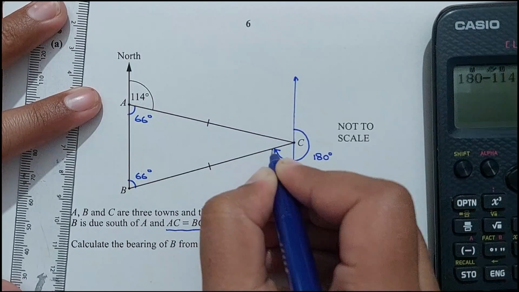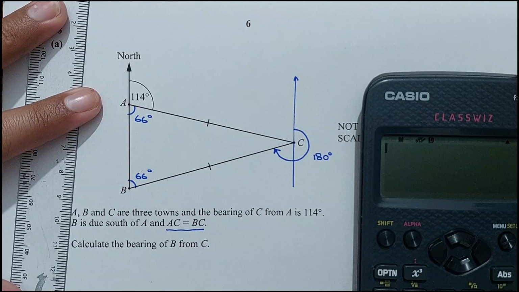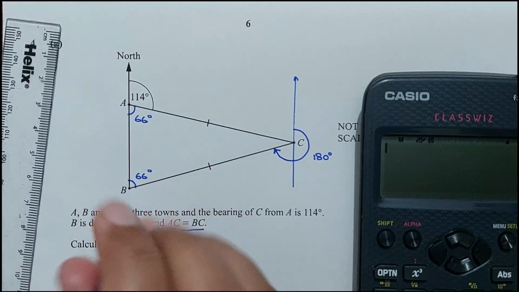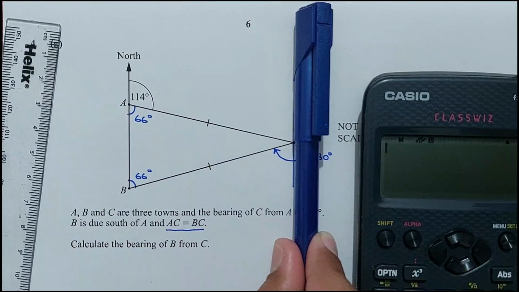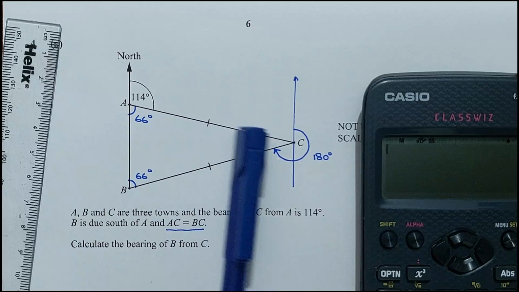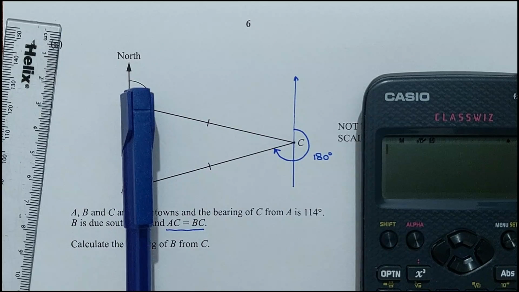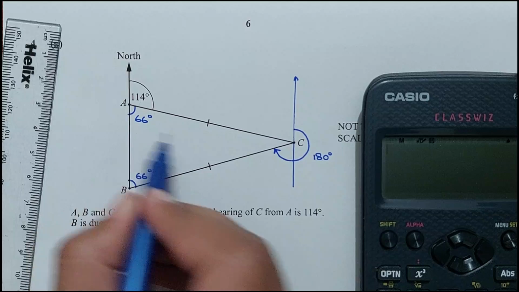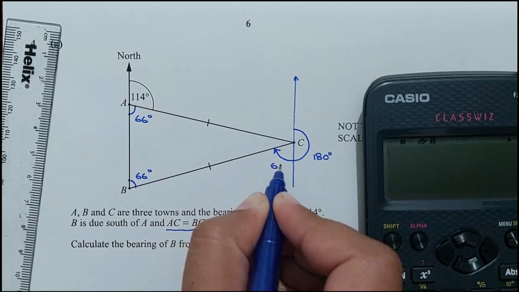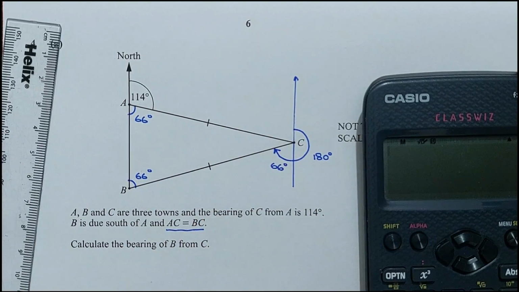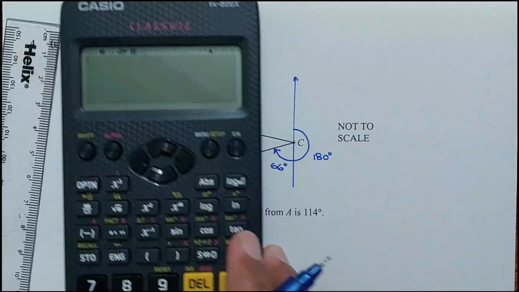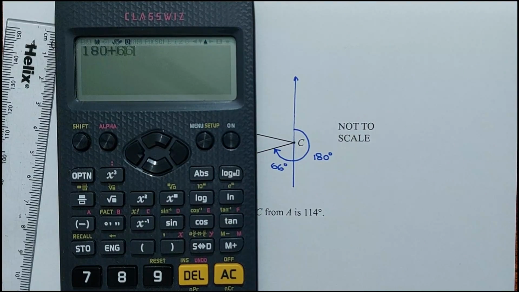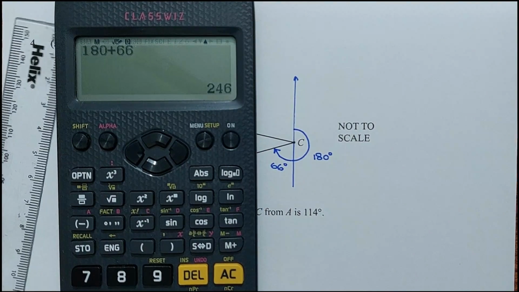All right, so as you can see, we have two parallel lines joined by a straight line, right? So these two are alternate angles, so 66 and 66. So the bearing of B from C is 180 plus 66, which is 246 degrees.